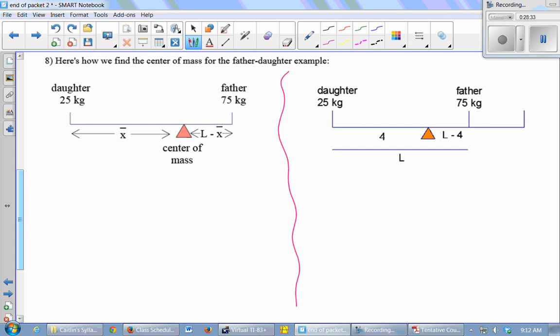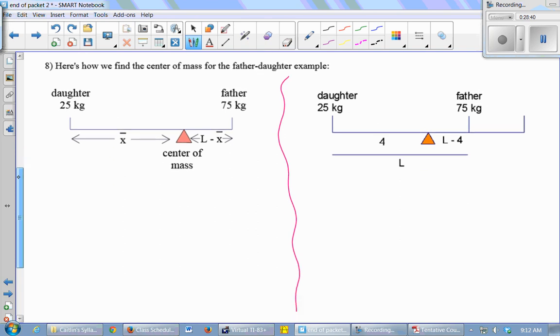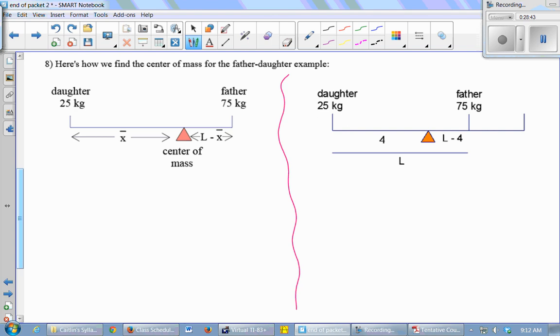Remember, a moment is mass times displacement from the pivot. In this first example, we're putting the pivot at some unknown location, x bar. So the moment for the system is the sum of all the masses times their displacement from the pivot, and we want that pivot to be the center of mass, which means that the sum of the moments has to be 0.